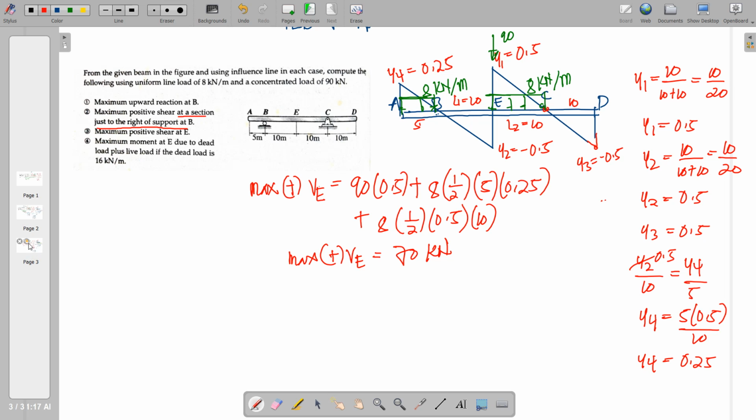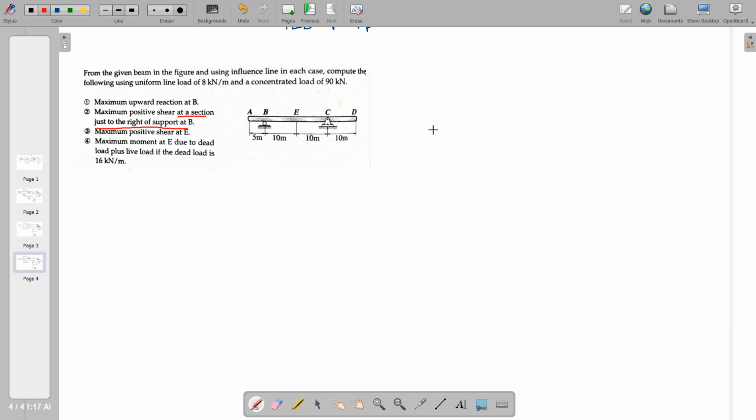Okay, so moving on to the moment at E. Again, we establish the ILD. See, this is the beam. We have here points A, B, this is E, C, and that is D. By the Mahler-Breslau principle, we just have to apply a roller connection here and let that deform upwards.